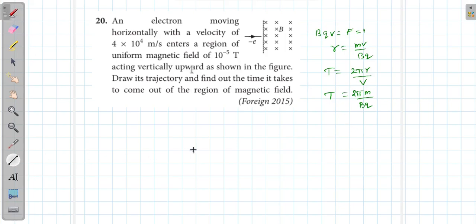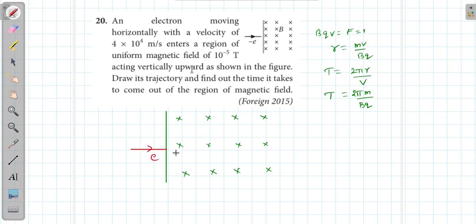Now we just draw the diagram. The electron enters the region in this particular direction.